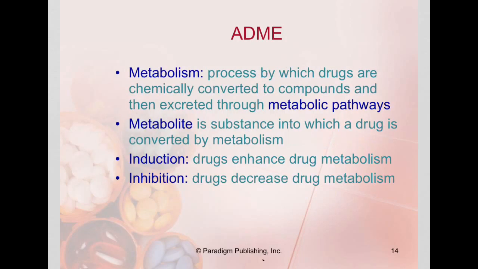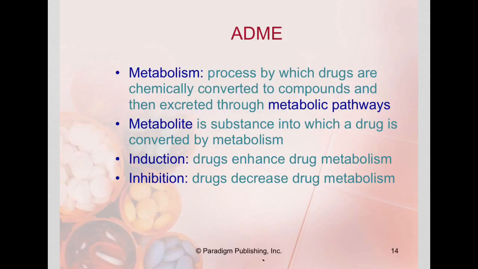Okay, metabolism is the process by which drugs are chemically converted to compounds and excreted through the metabolic pathways. The metabolic pathway is the sequence of chemical steps that convert a drug to a metabolite. So then the metabolite is the substance into which a drug is converted by metabolism.